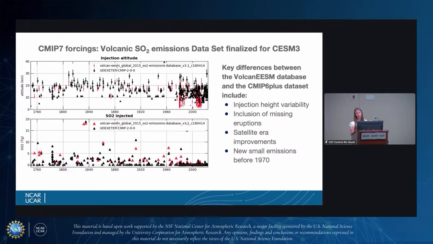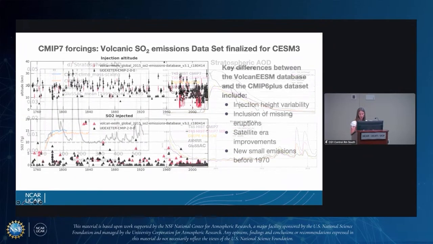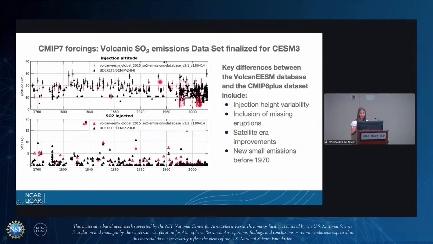We have somewhat different injection heights based in part on new observations, including inclusion of missing eruptions from previous data sets, satellite era improvements, especially from 1970 on, and then new smaller volcanoes in the time before the satellite era, so we have a more balanced forcing throughout the year.